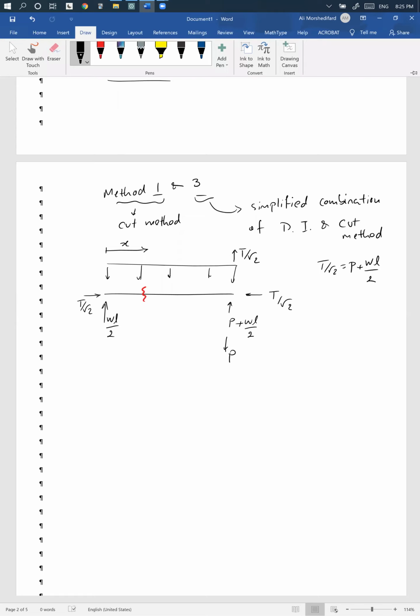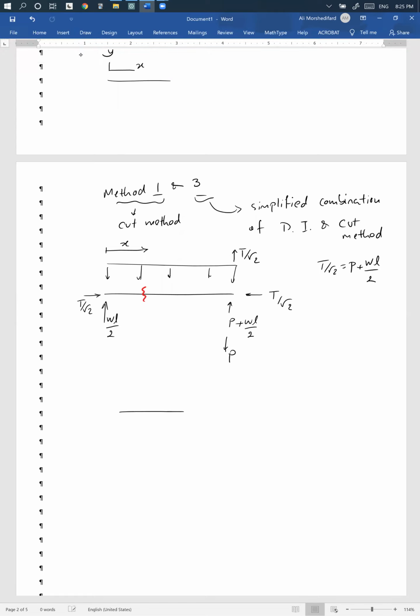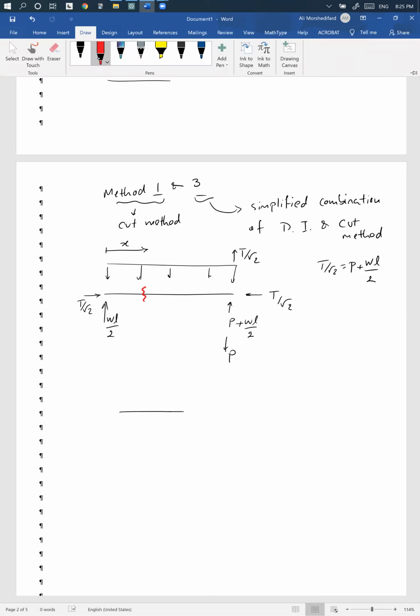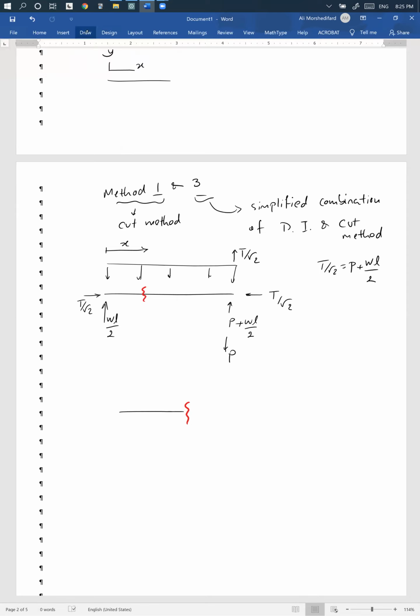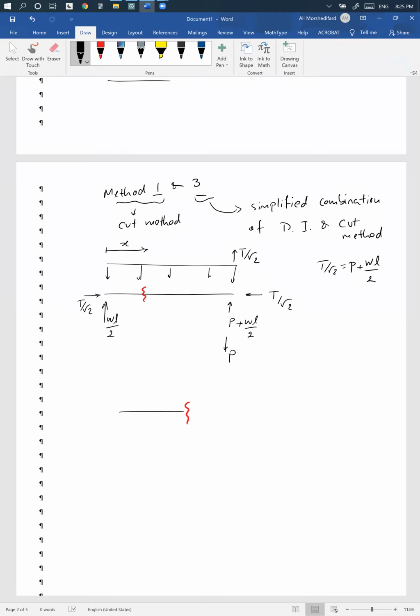Forget about the rest of the structure when you cut something. So if I look at just the cut, this becomes a new structure for me.